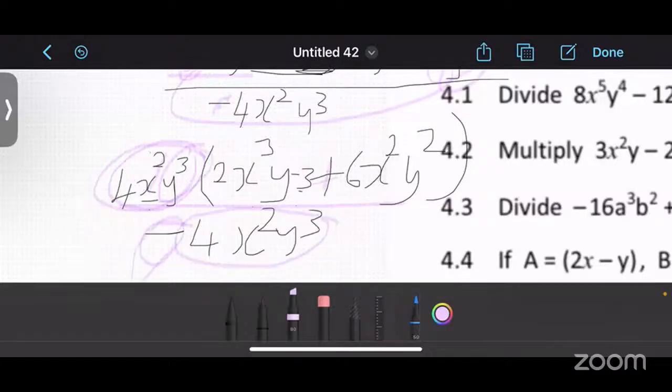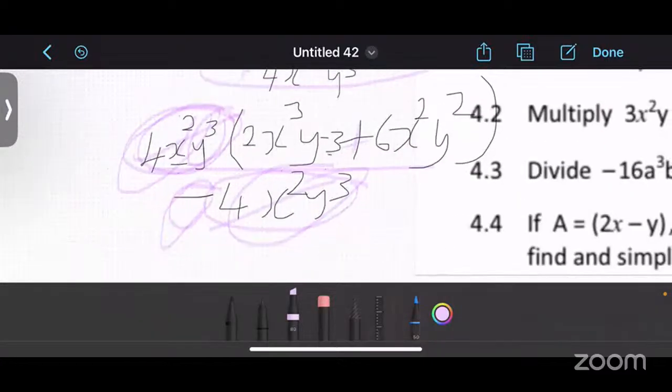Do you guys see that? Basically, when they are the same like that, we can cancel each other out. So that means we're going to be left with whatever is in the brackets and the negative over here.